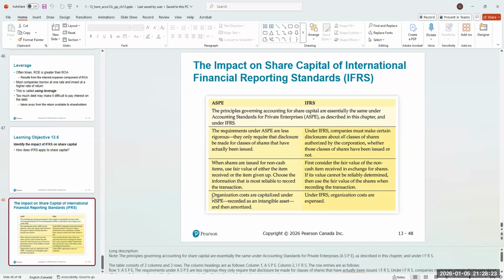You need to understand how these numbers are going to change if something changes the denominator or numerator. That's how you can make analysis.